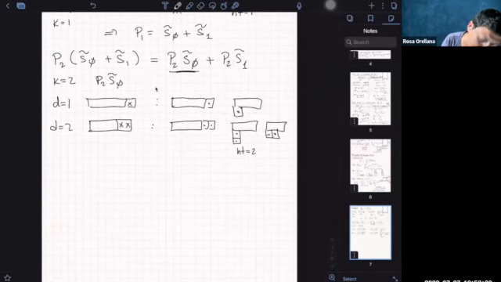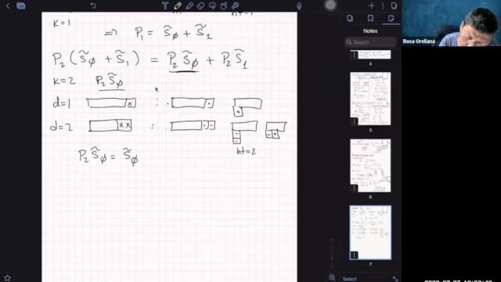So if I multiply this P2 times this, this is going to give me here, P2 S tilde empty gives me S tilde 2, sorry, empty. From here, this one and this one. And then I have plus S2.